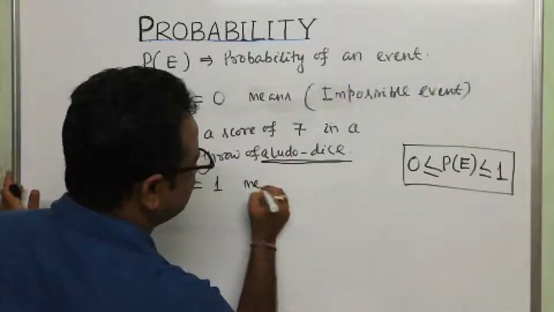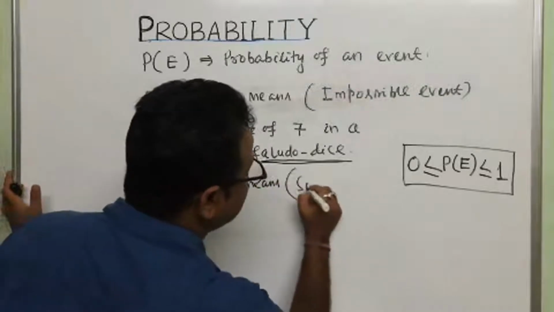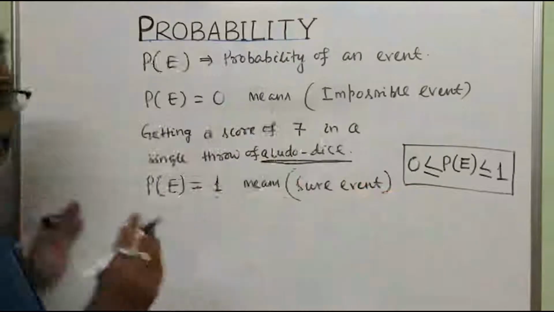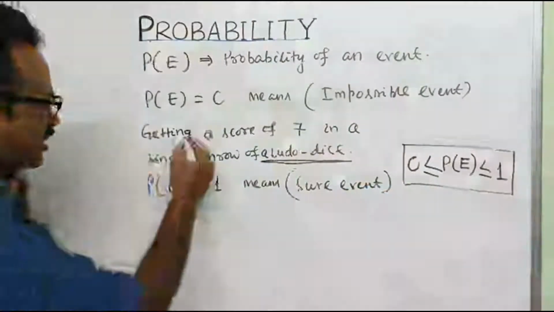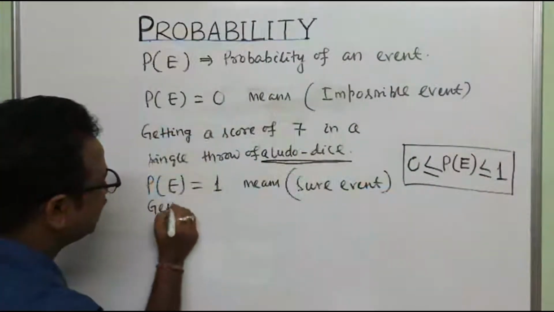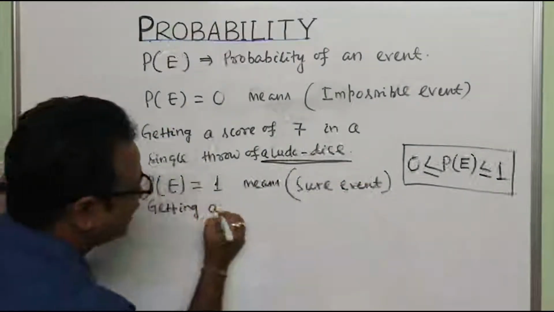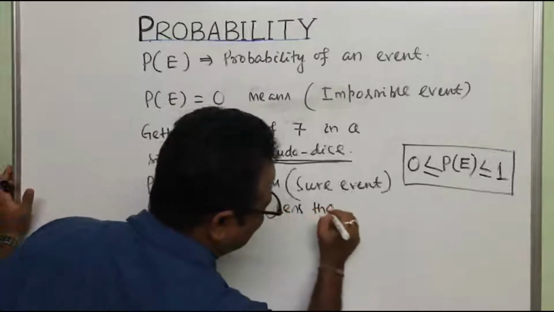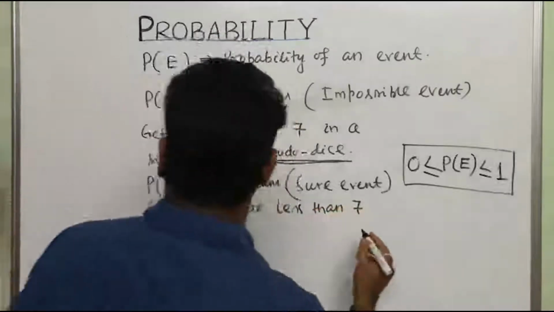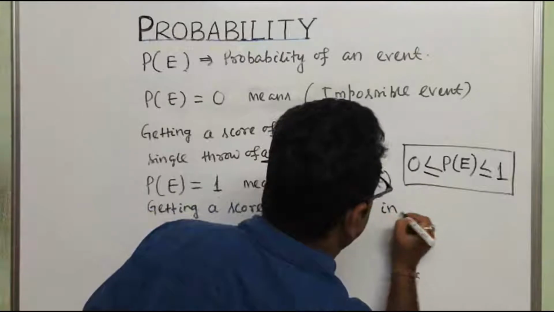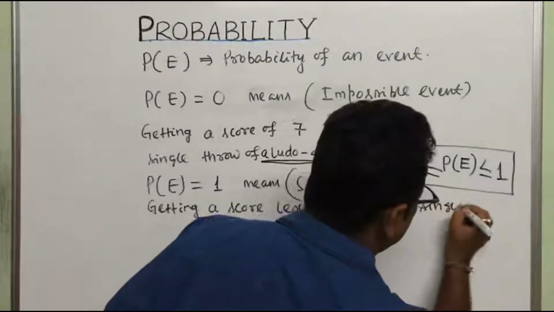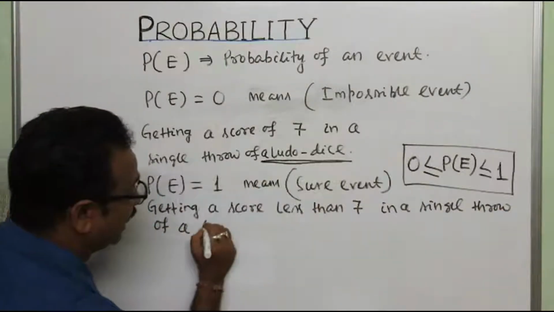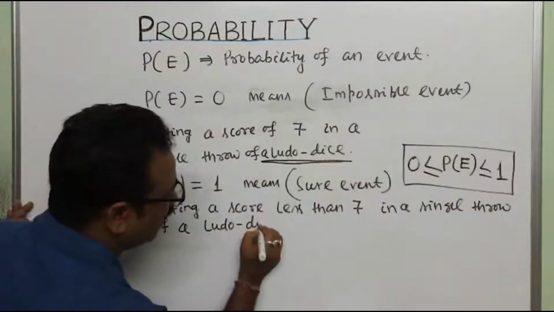That means a sure event, which must occur. Now see the same thing: getting a score less than 7 in a single throw of a Ludo dice.